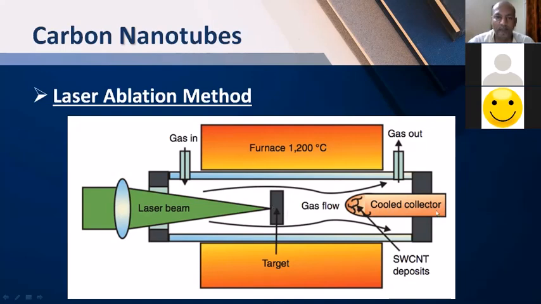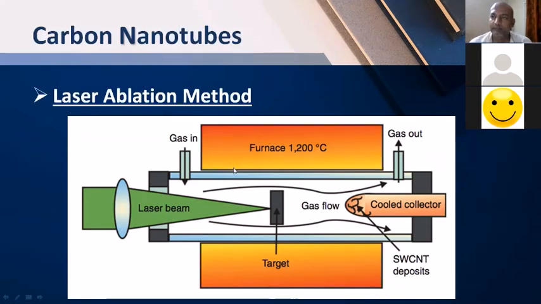Here is the cool condenser and here the furnace, which creates high temperature, and the laser beam targets the graphite and carbon atoms from the graphite are emitted and condensed on the cool collector and make the single wall carbon nanotube. The problem with the laser ablation method is that it is too expensive and it creates only single wall carbon nanotubes. It is not used to generate double wall carbon nanotubes.